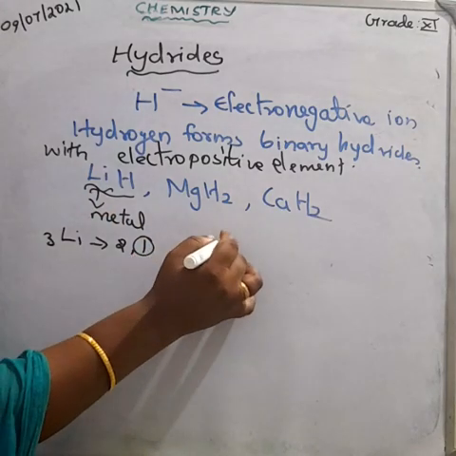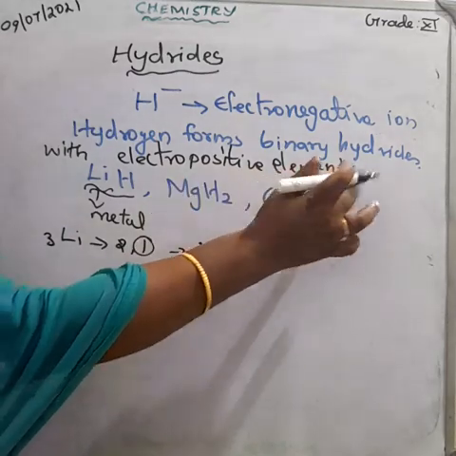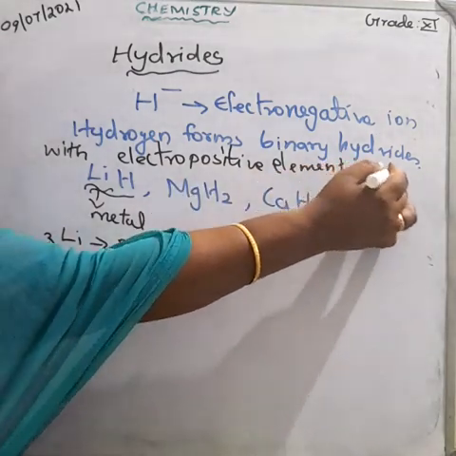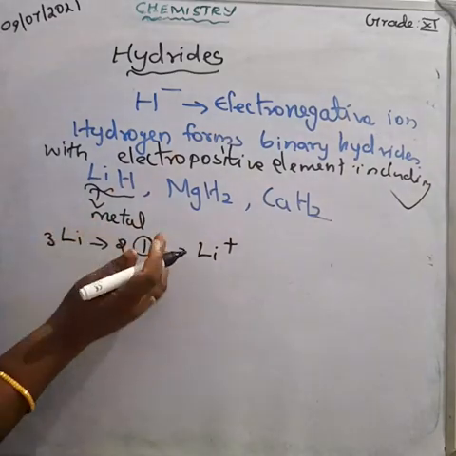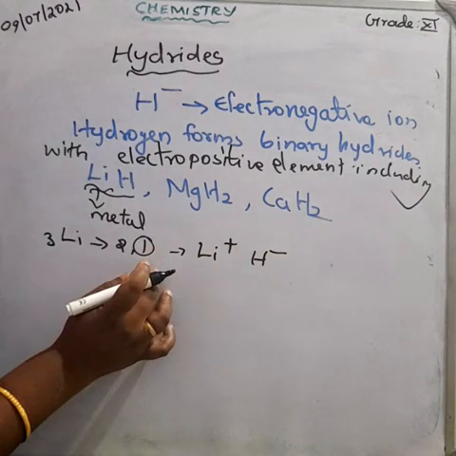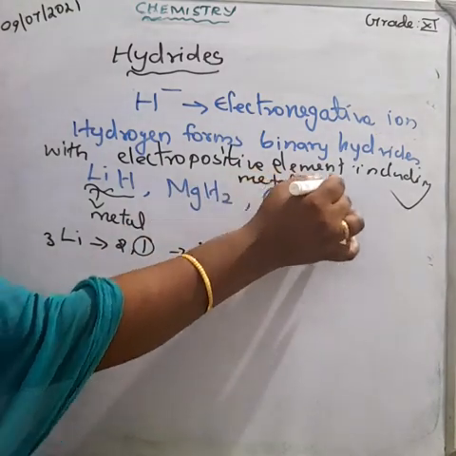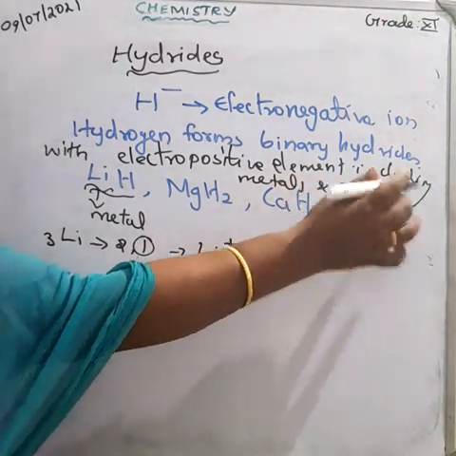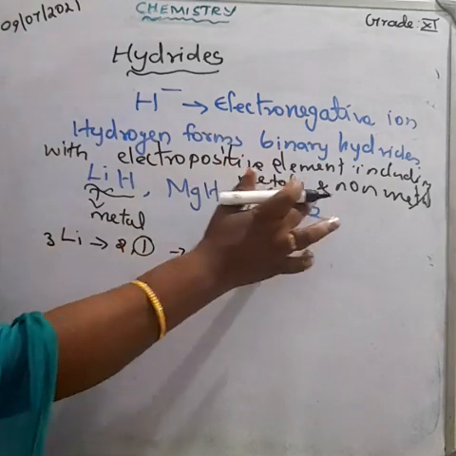When the lithium atom gives one electron to the hydrogen atom, hydrogen becomes hydride, H minus, forming lithium hydride. Understand?